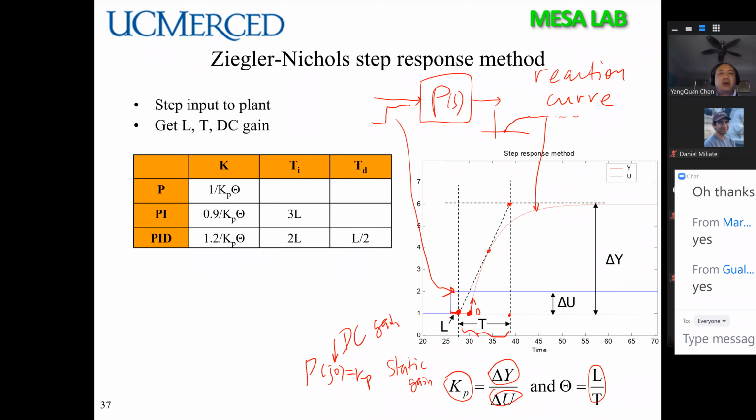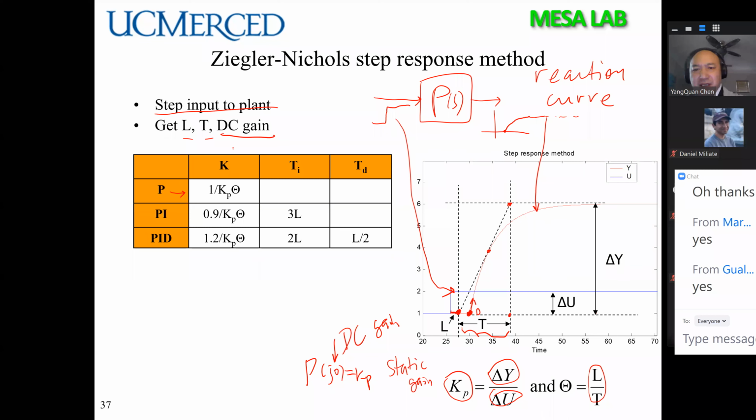is called theta. What I should do here is put in a table. You get L, T and DC gain from the step, and L divided by T is theta. If I choose a P controller, what is my Kp?